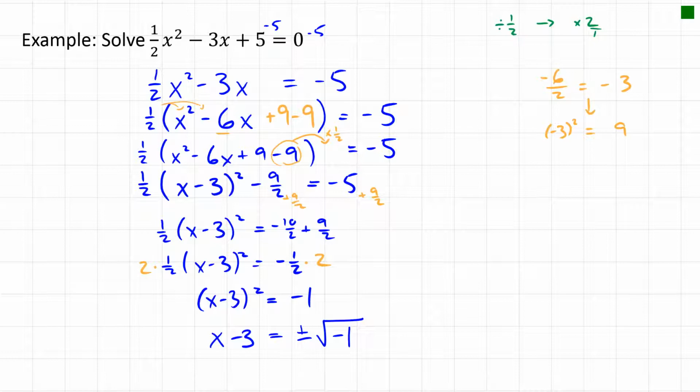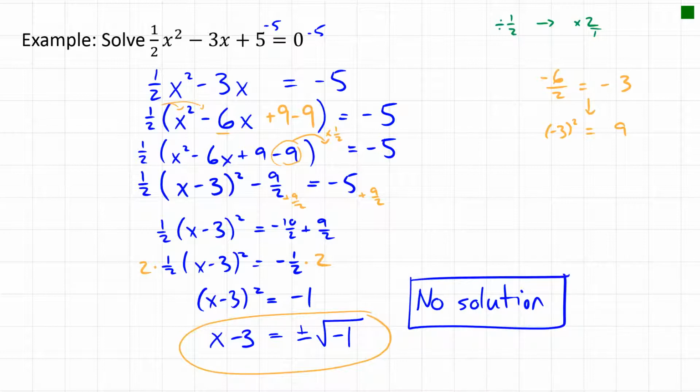And now here, I recognize that I cannot have the square root of negative 1, which means that there is no solution. And so in this problem, my answer is actually no solution.